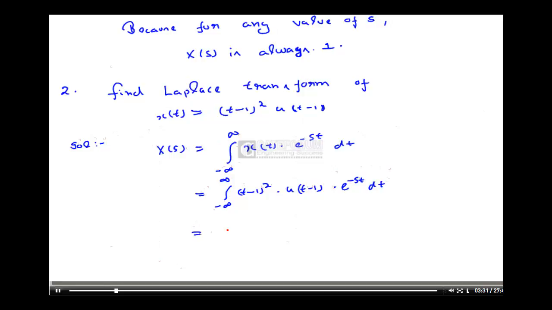I can write it like this: integral from 1 to infinity of (t minus 1) whole square e to the power minus st dt. Okay.